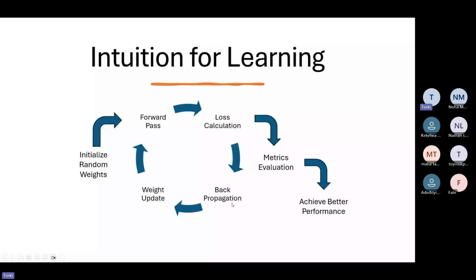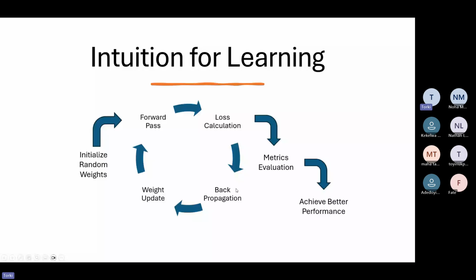So we start with random weights. After you compute the loss, you do the back propagation, the derivatives and the calculus, and update the weights. And do the loop once again. Do the forward pass, compute the predictions, compute the loss, compute the derivatives, and update the weights, and so on.